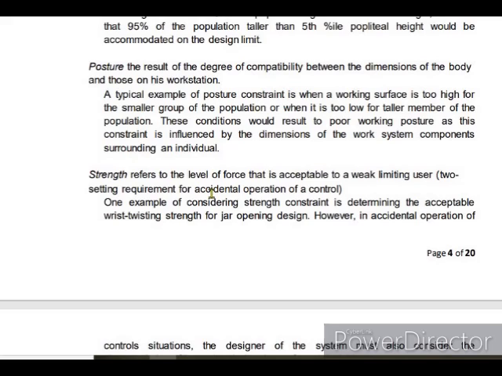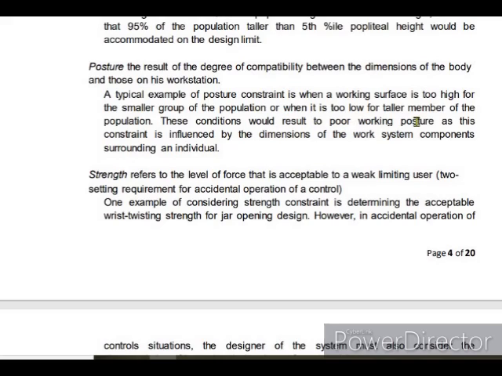A typical example of posture constraint is when a working surface is too high for a smaller group, because when smaller users use a high table, they tend to exert effort looking upward, which will give them a hard time and cause pain in the neck.